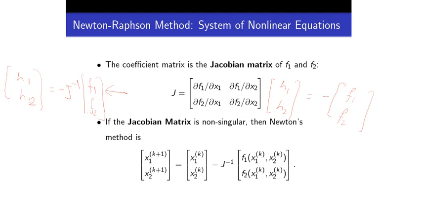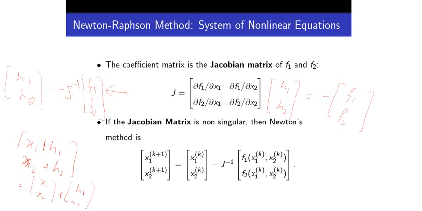Now what we have is x1 plus h1 and x2 plus h2. You can write this as the vector x1 x2 plus the vector h1 h2.